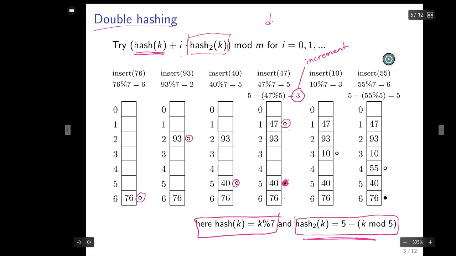So different keys with the same primary hash value do not follow the same probe sequence.